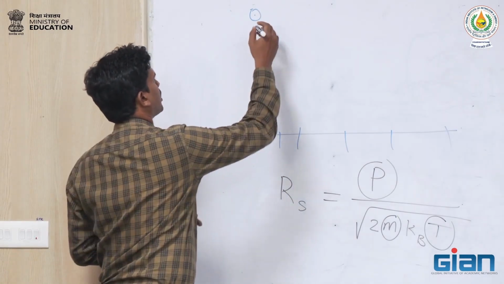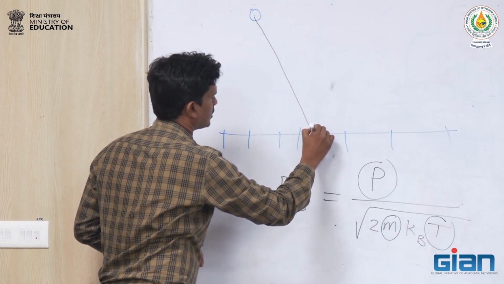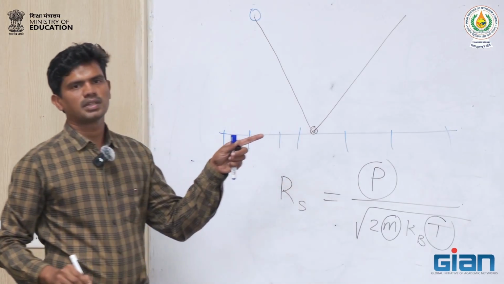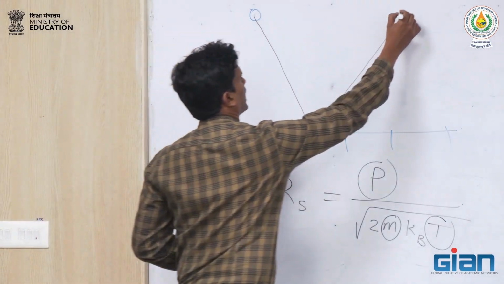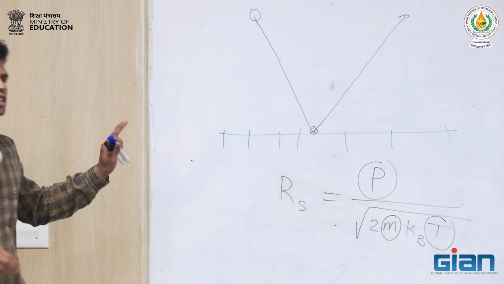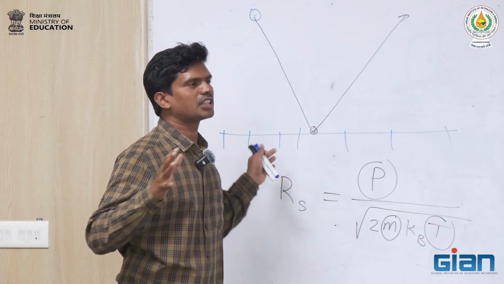That means that the gas molecule which comes here may adsorb or it may go back. So it's nothing to do with adsorption. It's like kinetic theory of gases. It does not talk about actual adsorption.